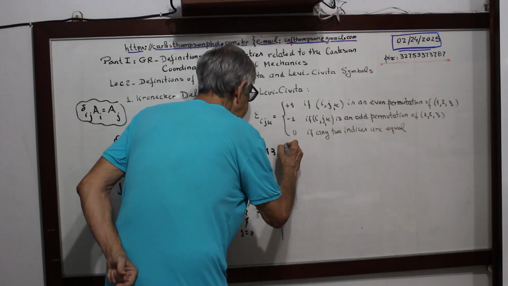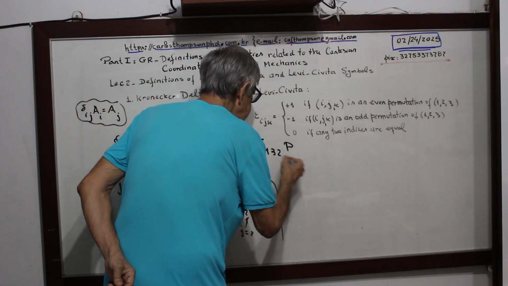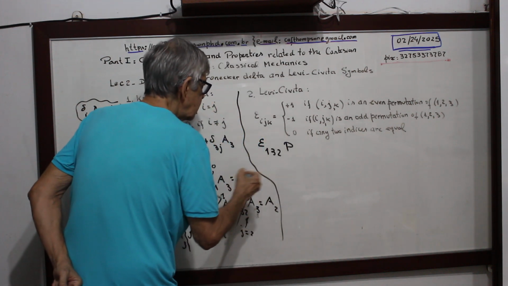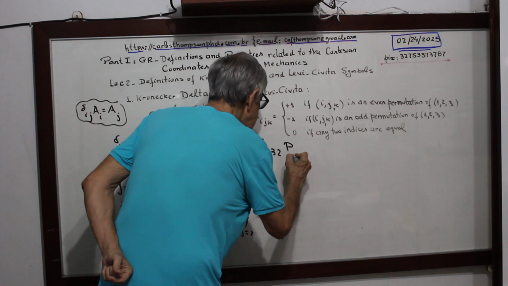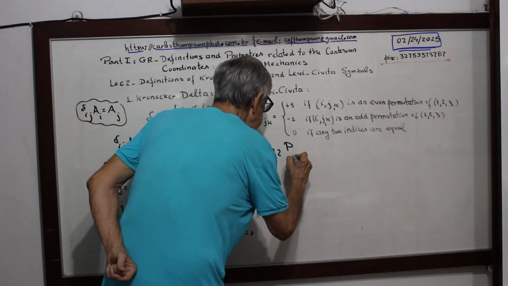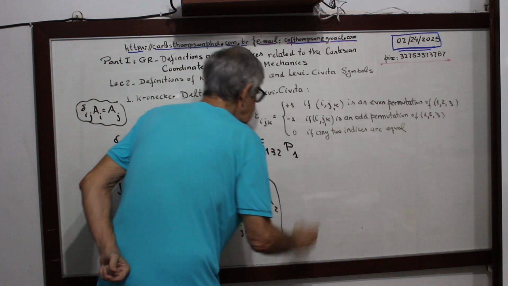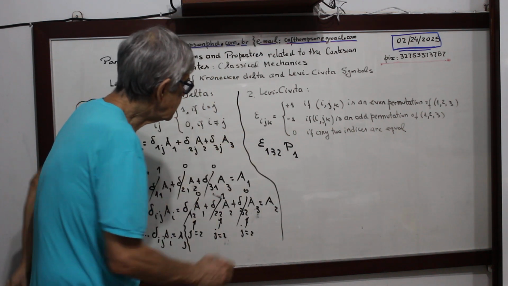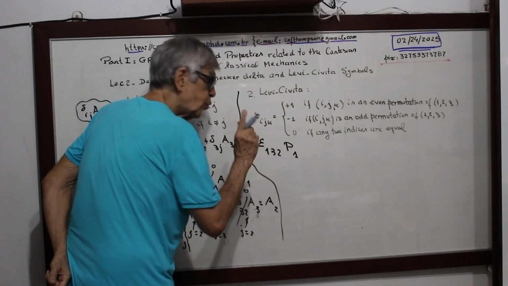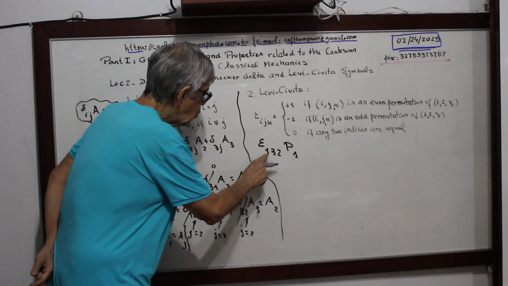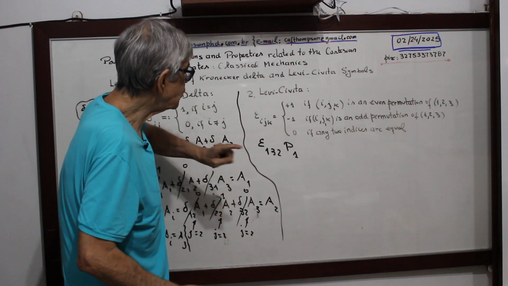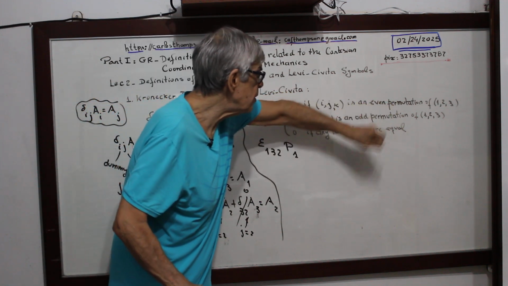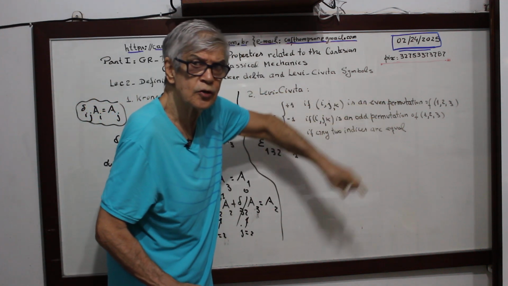Let's put the permutation P1. See? You see, a trick. Is 1,3,2 an even permutation or an odd permutation?